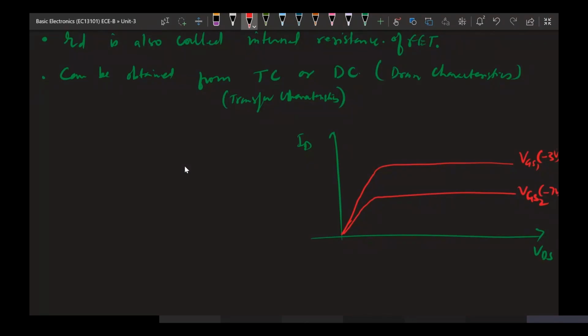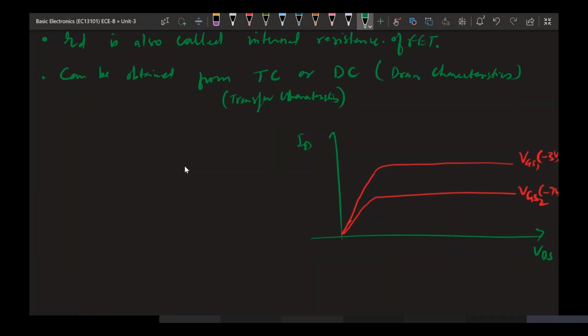To find RD, we need to find the change in current. RD is defined at constant VGS, so either of these two VGS can be considered.